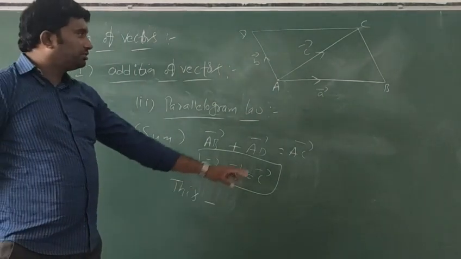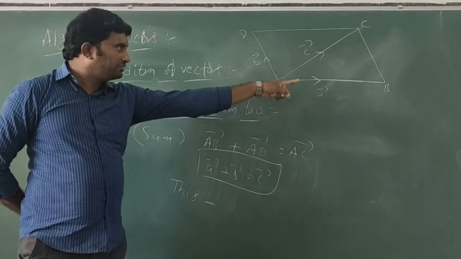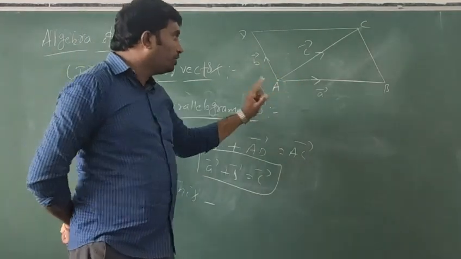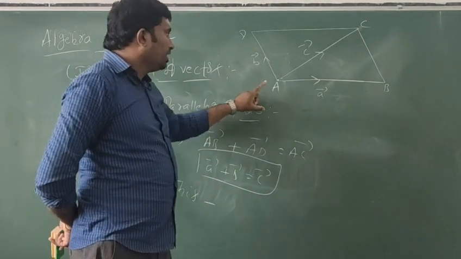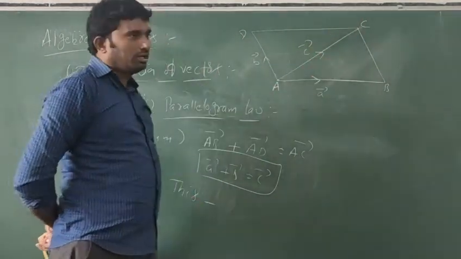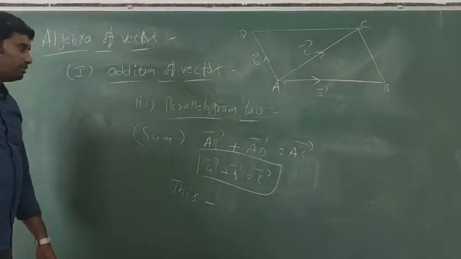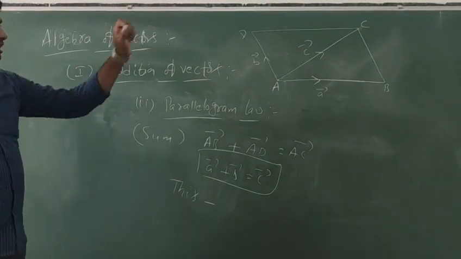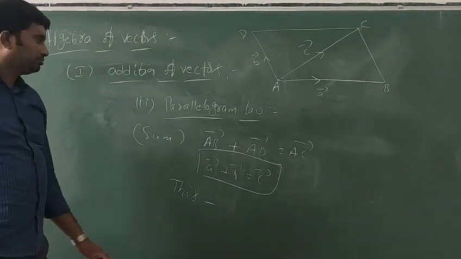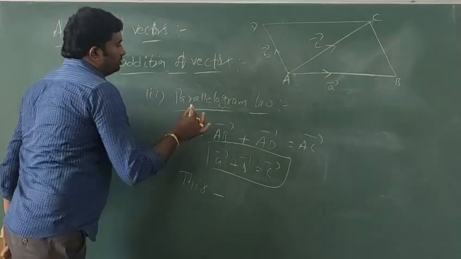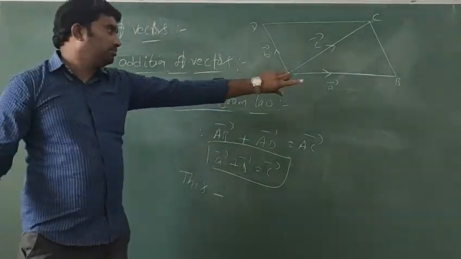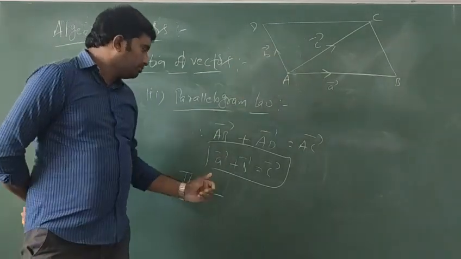On the right side of the page, you draw this parallelogram. Direction is very important. These two must be co-initial, so the initial point is A only, and the resultant is also from A to C only. The resultant is AC bar, so A is the initial point and C is the terminal point. Finally write down, therefore AB bar plus AD bar is equal to AC bar.